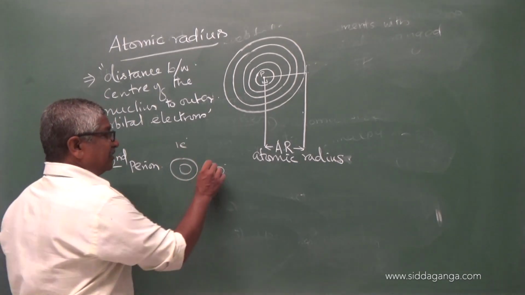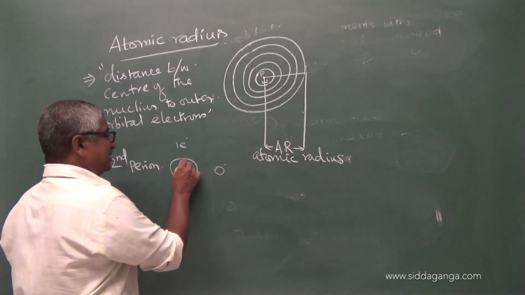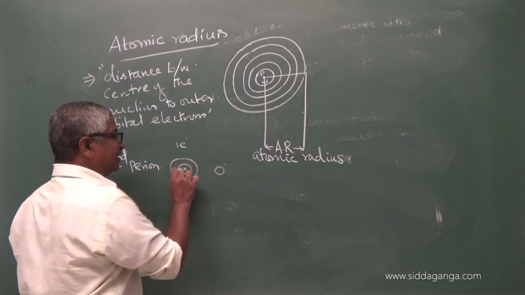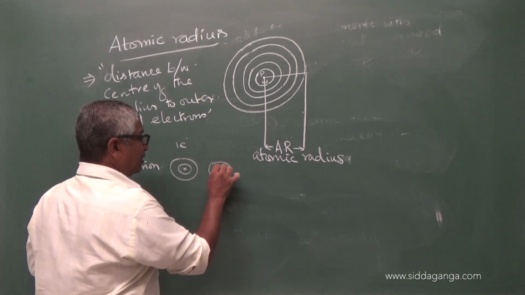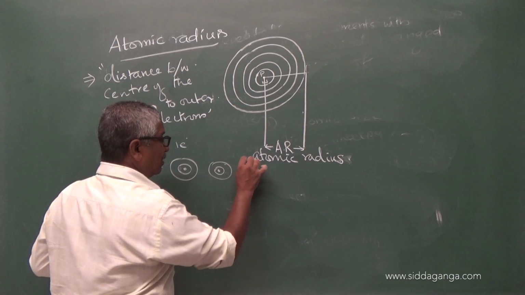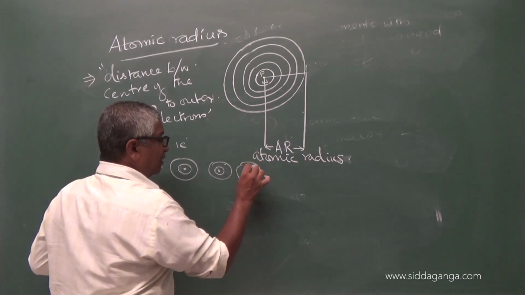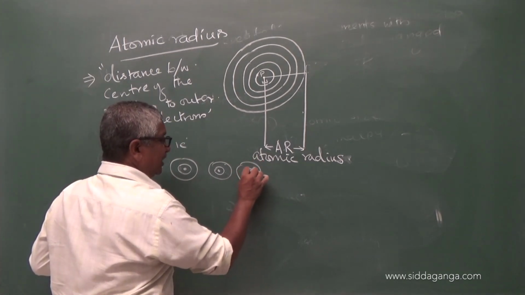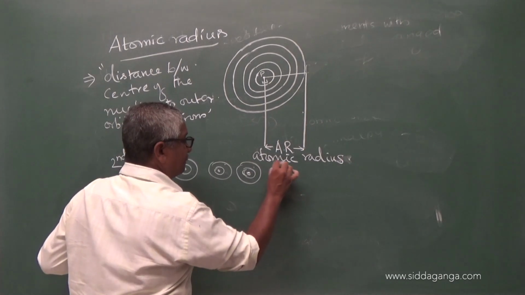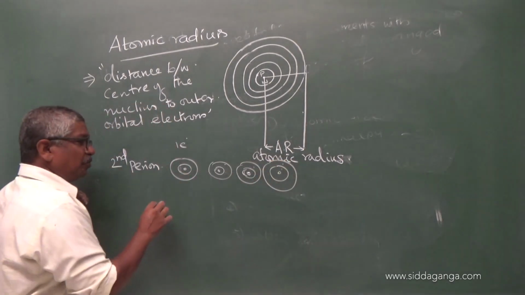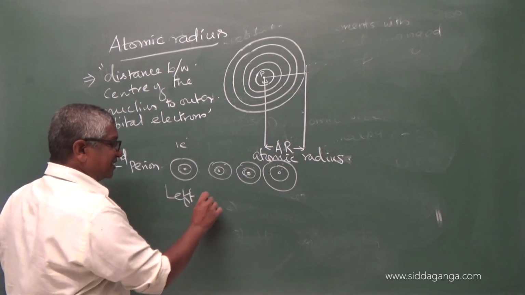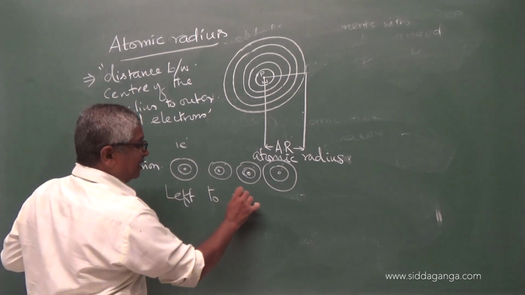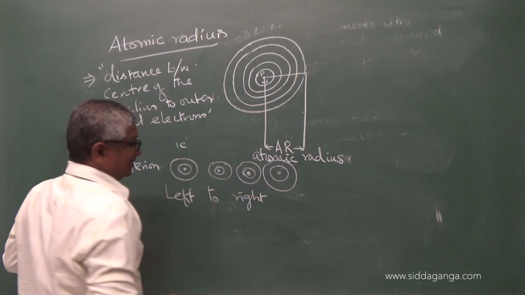Now, if you take the second period, it has 2 energy levels: nucleus with 2 energy levels. Suppose we move left to right in the periodic table, what happens to the atomic radius?